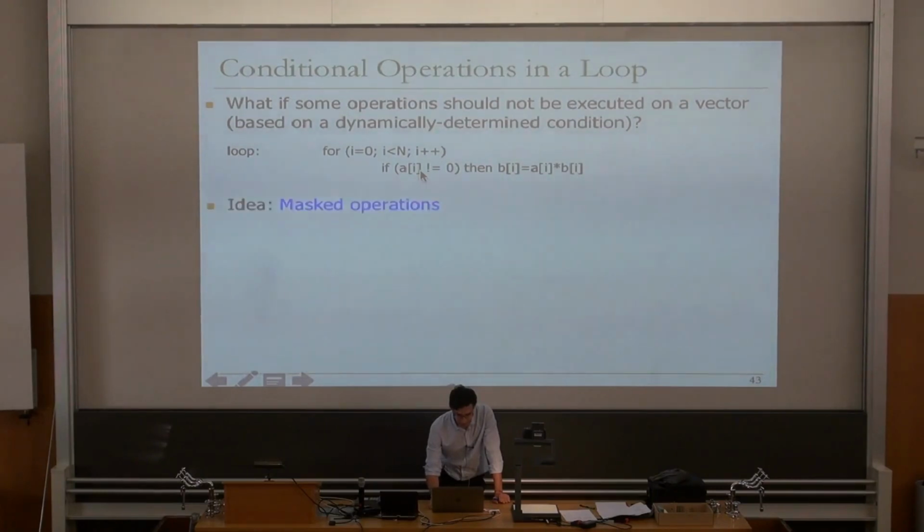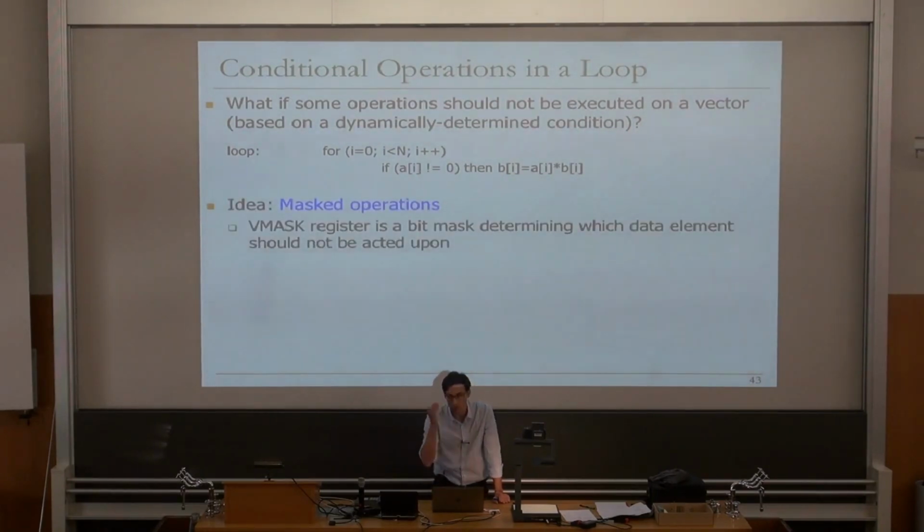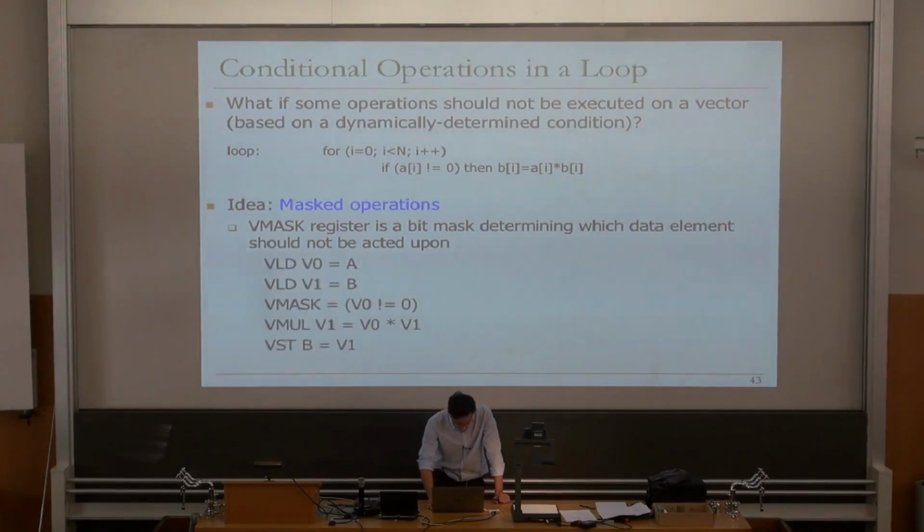So in this case is where we are going to use mask operations, because this is where we are going to use this vector mask register that we already defined in the first part of the lecture. What we will do is have some instruction to evaluate the predicate, and depending on the value of the predicate we will set the mask, and then depending on the value of the mask we will execute the next instructions.